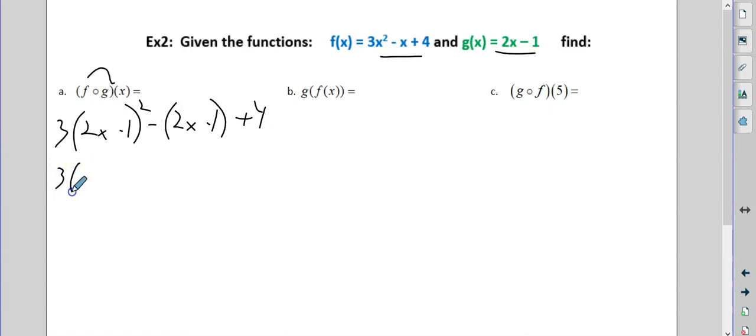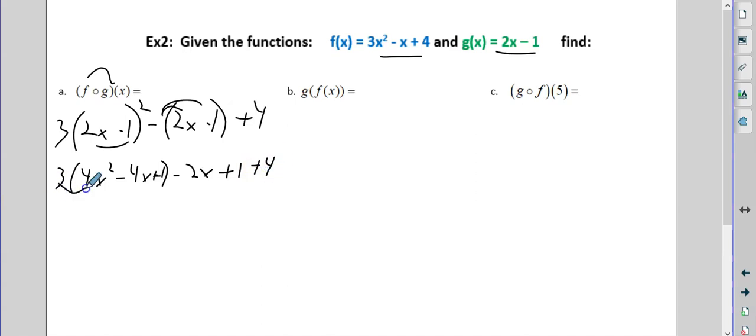So here's a 3. I'm going to do my shortcut again. Square the first term. Square the last term. Multiply -2x and double, -4x. This negative just gets distributed to both, so that's minus 2x plus 1 plus 4.